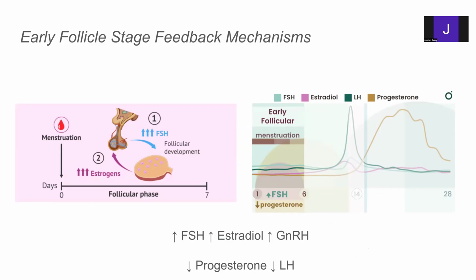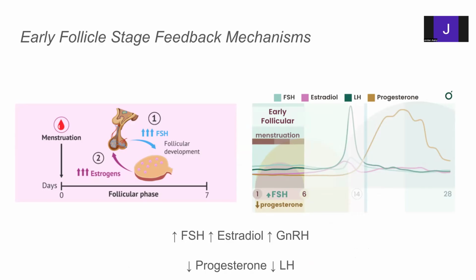The cycle begins with menstruation as day 1, and this triggers the early follicular phase. The early follicular phase is marked by a rise in GRH due to low levels of estradiol and progesterone. Low frequencies of GRH pulses are present and favor FSH secretion.